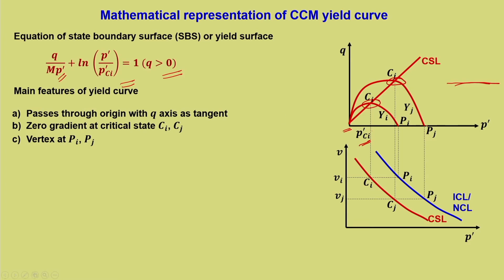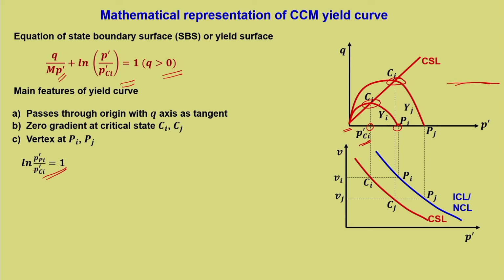The vertex is at Pi and Pj, and that happens to be the extreme point of the yield curve on the right side. It also follows this important relationship, that is ln p dash pi upon p dash ci, the relationship between this extreme point and this point of intersection; the mean stress at this particular point and this particular point are related.